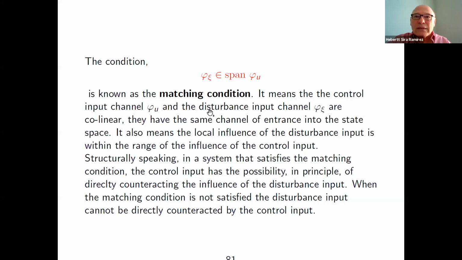And therefore, there is nothing to worry about. But that's an idealization, of course. In real life, you will have some influence. But that influence, in the case of sliding mode control, is sufficiently attenuated. But it's again a geometric condition.